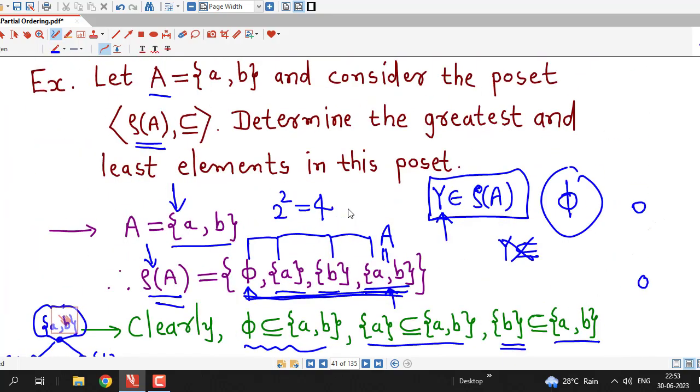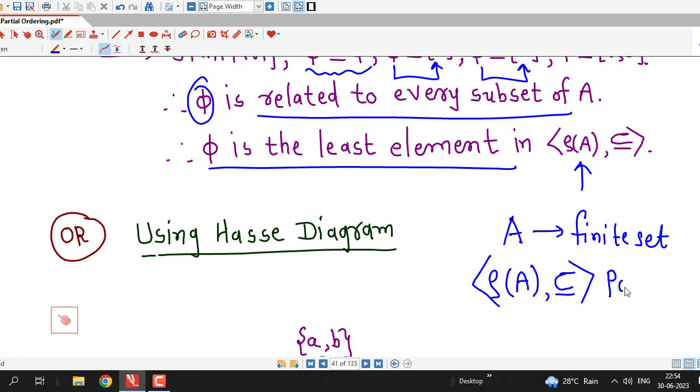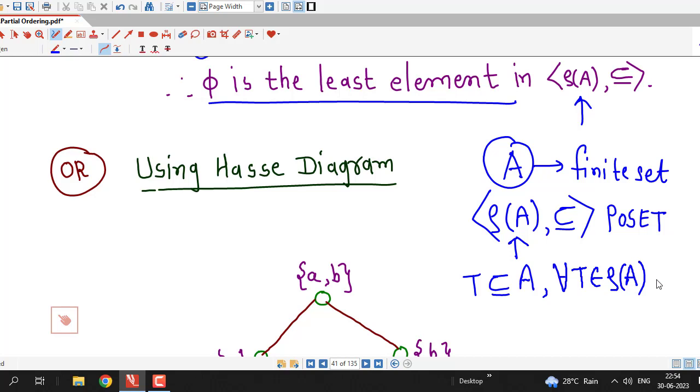Now this is for the set A containing two elements only, but in general we can say that suppose A is any finite set, and if we are considering the power set of A with inclusion relation, then we know that this is always a partially ordered set, and we know that the power set of A is the collection of all subsets of A. Therefore, if we take any subset T of A, then it is a subset of A. Any element in the power set of A is a subset of A. Therefore, set A is the greatest element.